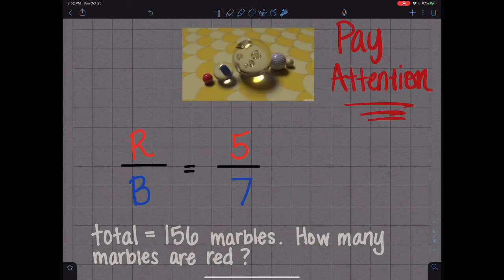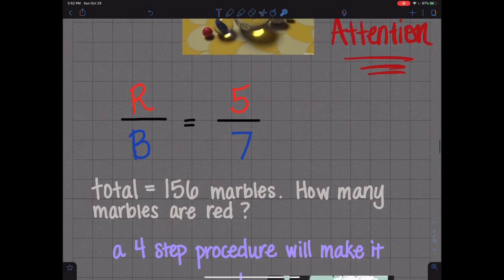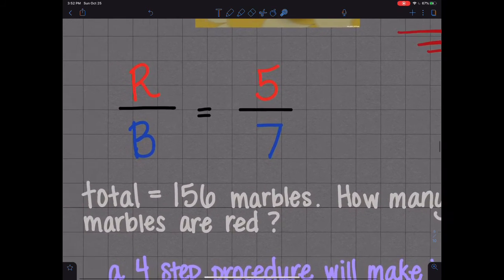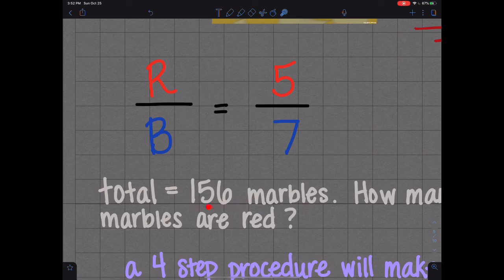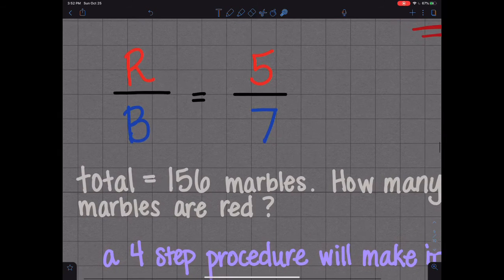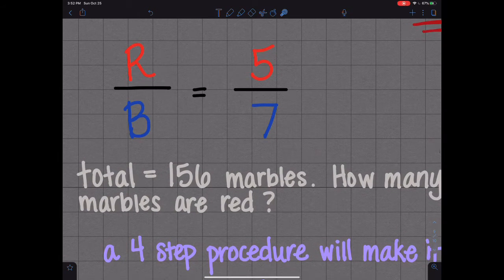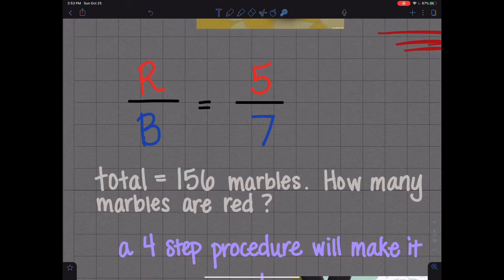Now, if we are told that we have a total of 156 marbles, that's our total number of marbles, and then you're asked for the number of marbles that are red, can you solve that problem? And it turns out you can solve that problem. It's just not totally easy or straightforward.